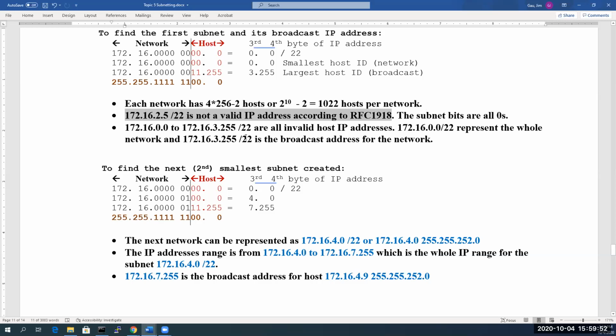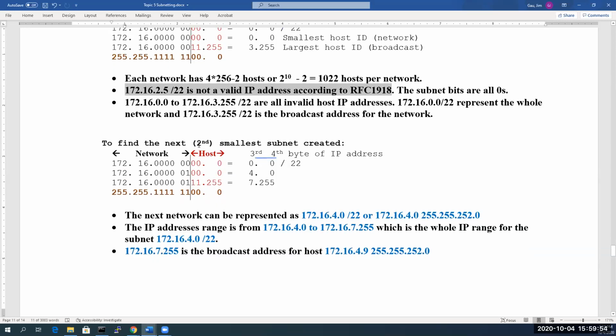And all right, so let's take a look at the second smallest subnet that we created. The first, of course, is 172.16.0.0, and we just flip 6 of the subnet mask bits from 0 to 1s. The second smallest is, of course, 0, 1 here. So it's the 4, right?